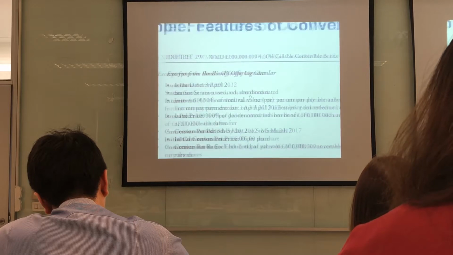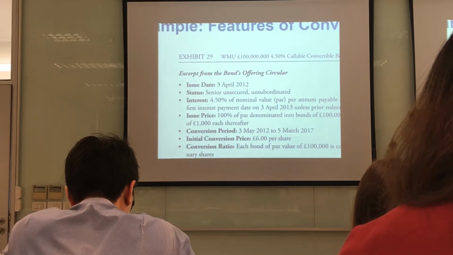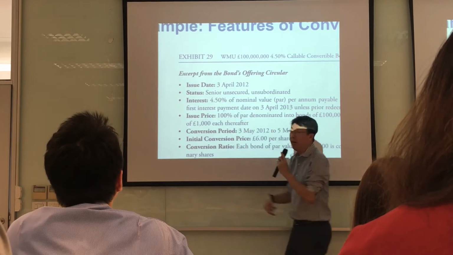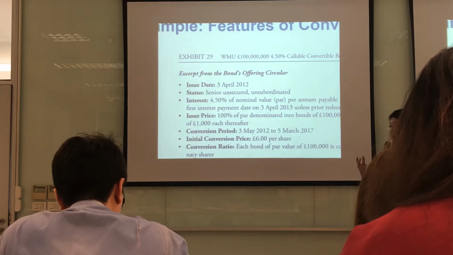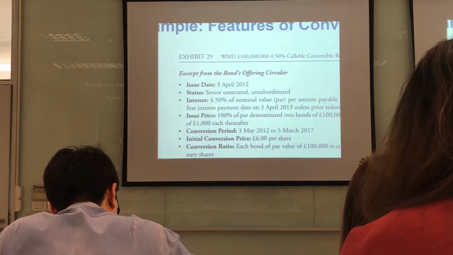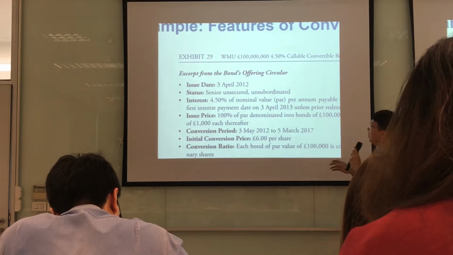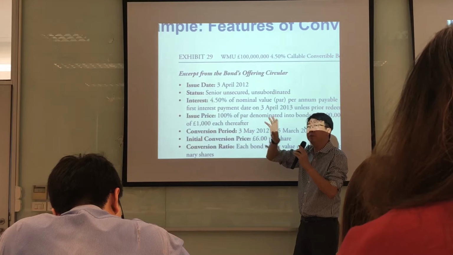And this bond is senior unsecured. Senior means it has priority to receive the cash flow, the interest and the principal, before the subordinated debt. But unsecured means that there is no collateral backing this bond issue.